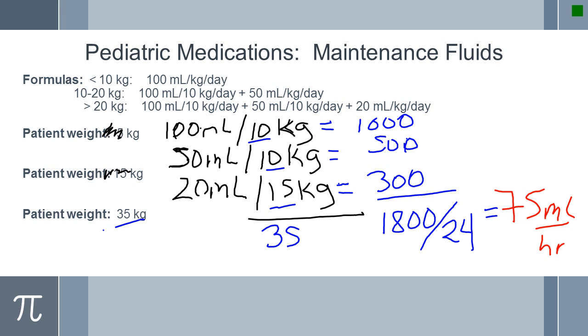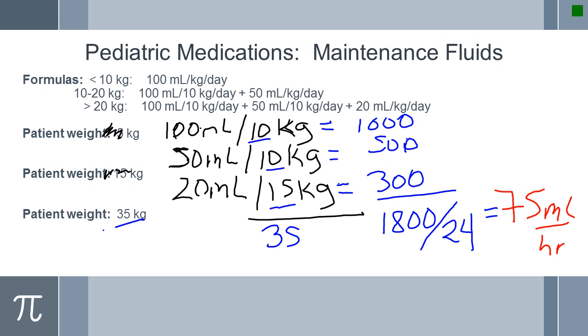Then the next tier is 50 milliliters per 10 kilograms. So I've taken off 10 and 10, so I've taken off 20, which leaves me with 15 kilograms. So my next 20 mils is going to go with my remaining 15 kilograms.